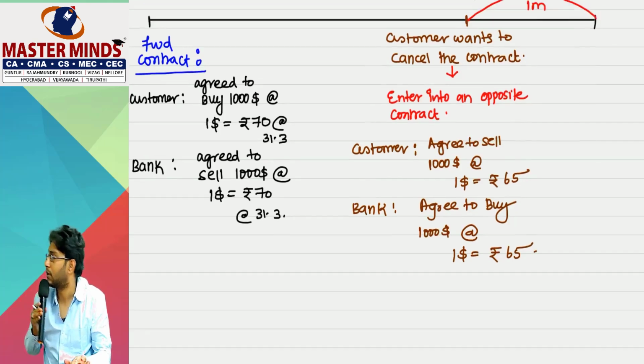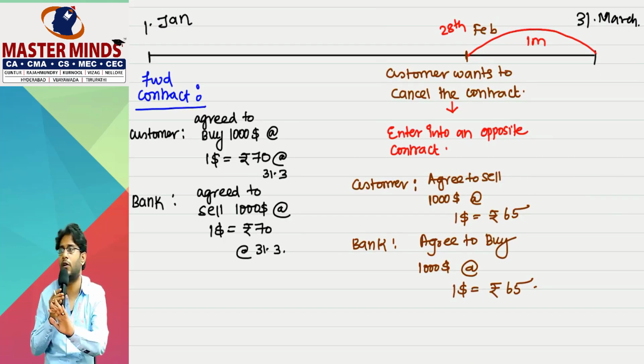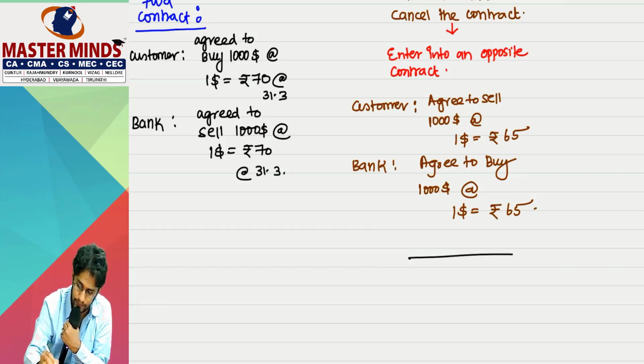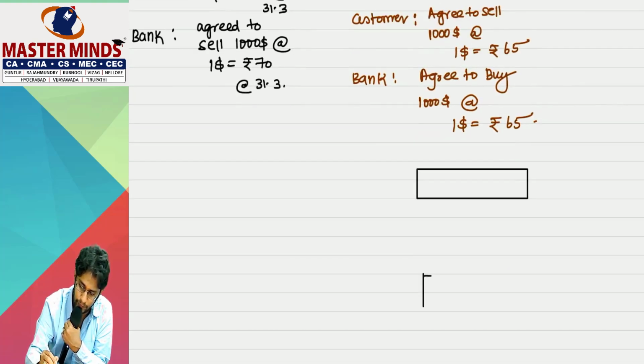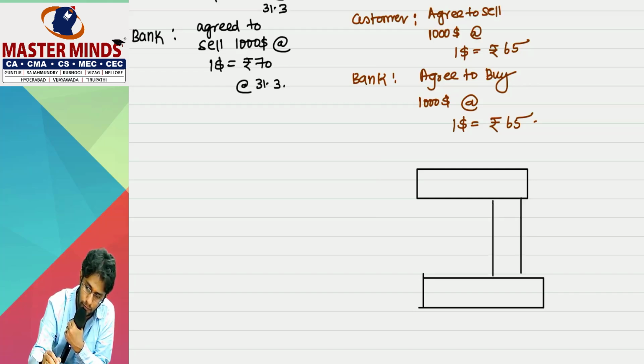The moment the customer and bank enter into the opposite contract, it is as good as the original contract being cancelled. If you see like this, this is the customer, this is the bank.